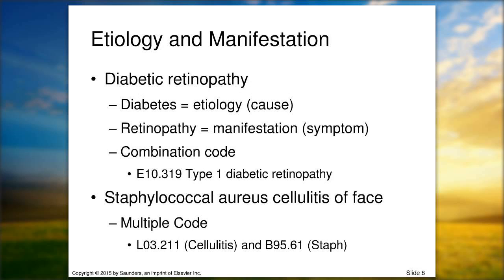Etiology and manifestation. Let's say, for example, we have diabetic retinopathy. The diabetes is the cause, the etiology. The retinopathy is a manifestation, a symptom.